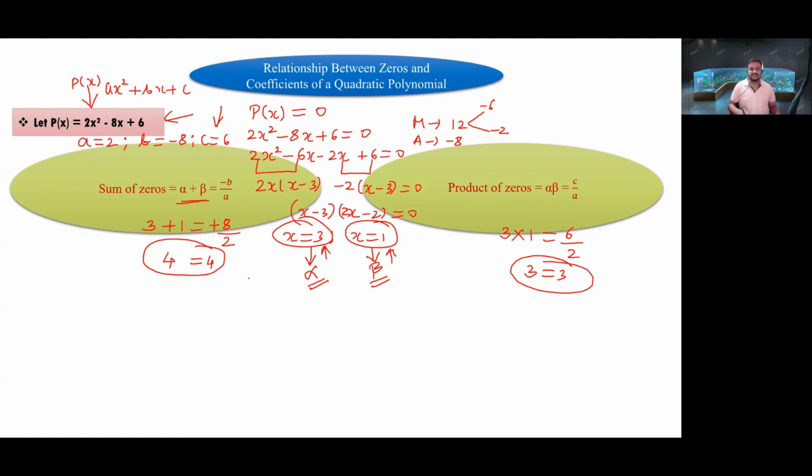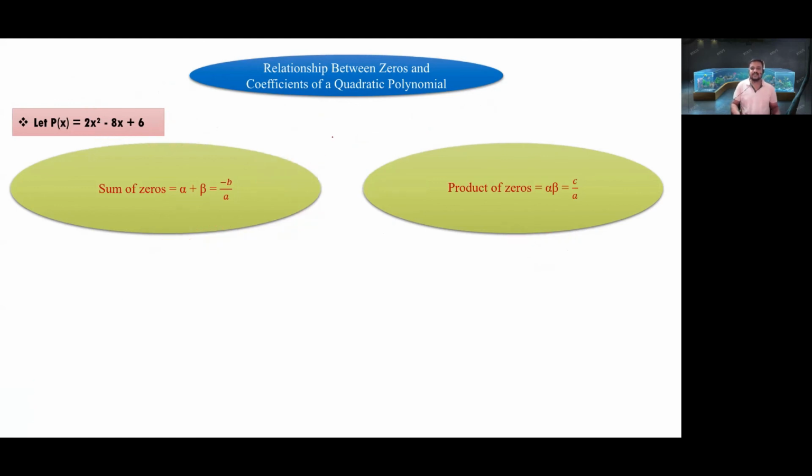Okay, then. See, this slide also you will write in the CW as it is. This example you will solve. If you have any difficulty in solving this question, you check the video, then try it. We will stop here. Tomorrow we will continue with the next exercise.